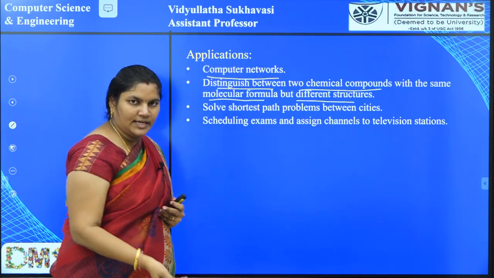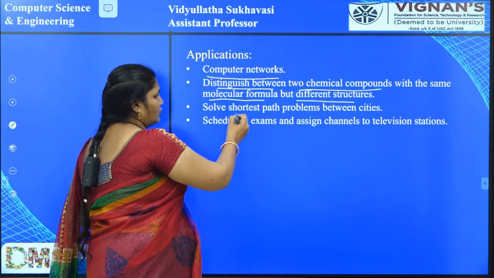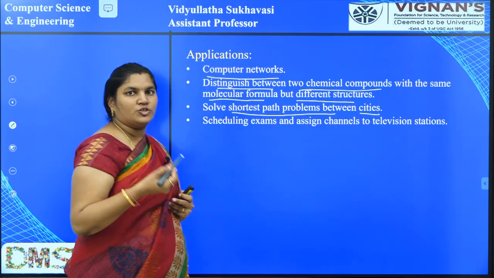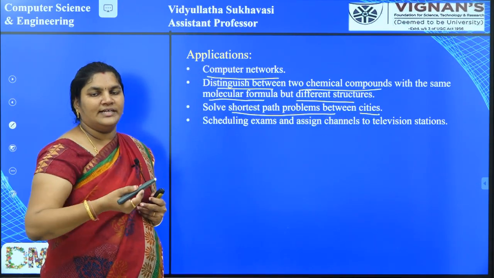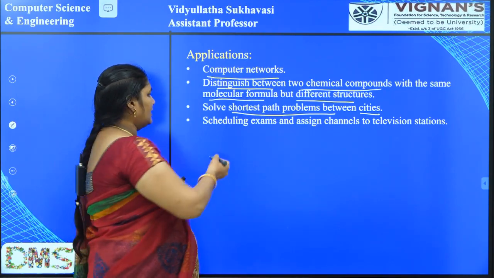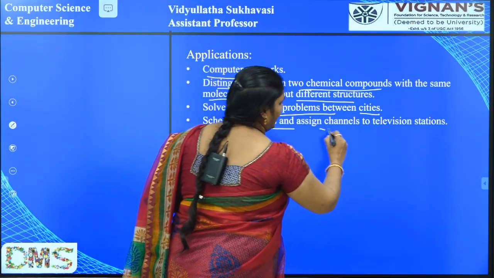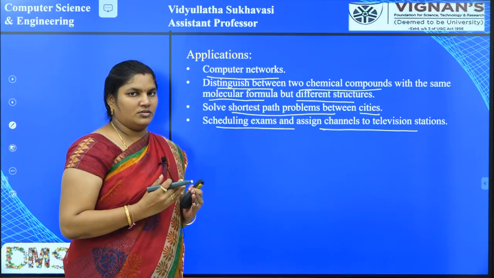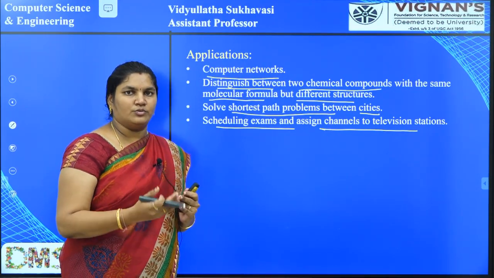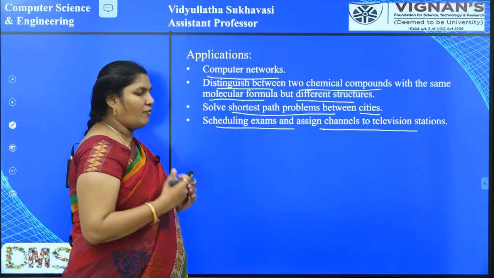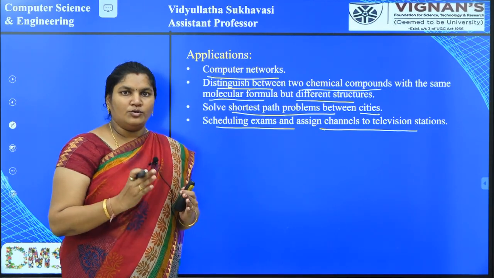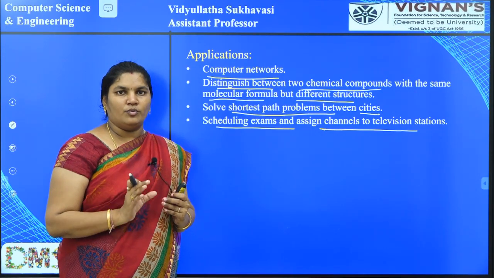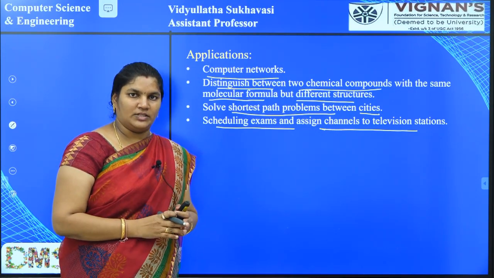We can also use them to solve shortest path problems between cities, finding the shortest route to the destination, and for scheduling exams and assigning channels to television stations, where no two stations should use the same channel. Similarly, if you want to schedule exams, no two students should have the same exam on the same day.